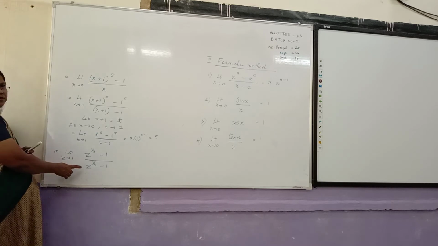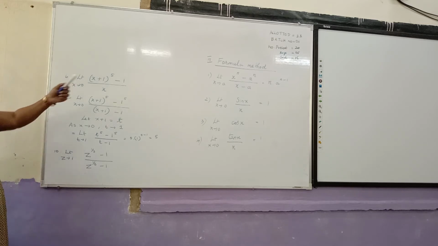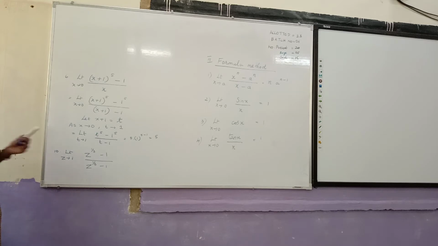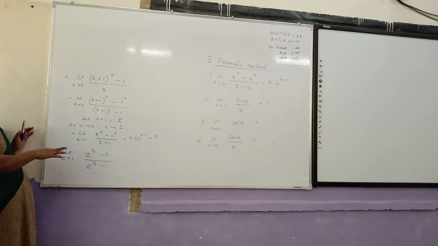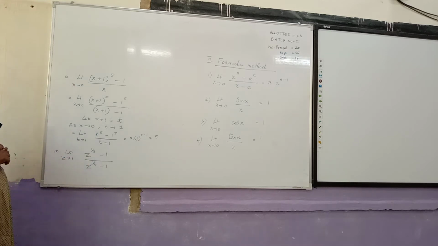Now you see here, z tends to 1 is there, but what is missing to get that formula? The denominator is not there, no? In both the cases, the denominator is not there. So what do you do? Multiply and divide by z minus 1 to get that formula.